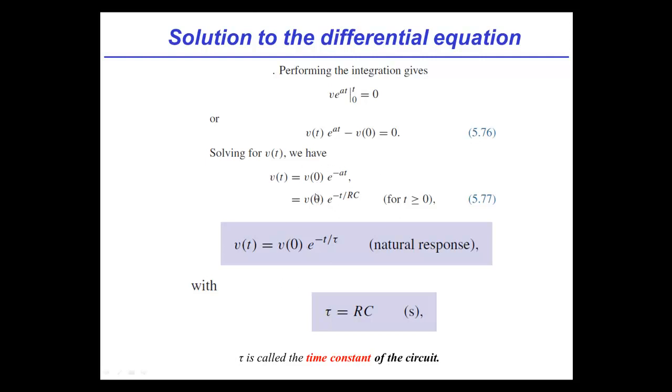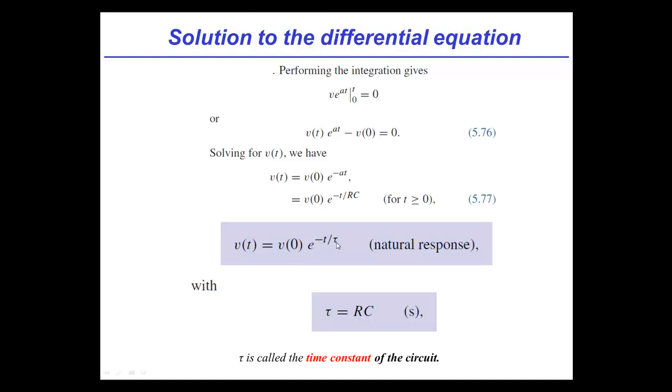What they do is, it starts at this voltage at 0, whatever that value may be, and then it decays, it drops, according to e to the minus t over RC. This is the most important part. This is the natural response of a single resistor and a single capacitor together in a loop. It starts at some initial value, which we solved for two slides ago, which is Vs, and then it just drops as e to the minus t over tau.